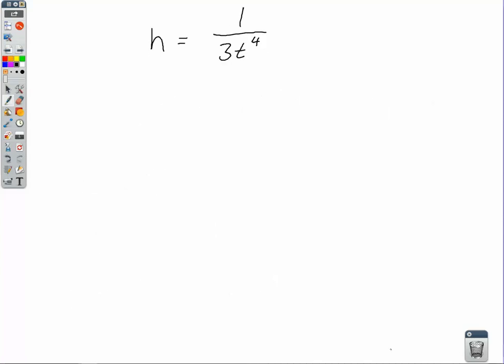Okay, now at this point you might well be asking, does the power rule for antiderivatives work for negative exponents? Indeed it does. So this doesn't look like it's going to work for us, but let's rewrite it as 1/3 t to the -4th. Same rule. The -4 increases by 1. We add 1 on there to get t to the -3. And again, we're going to divide by our new exponent.